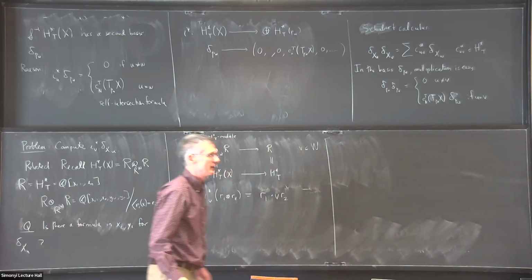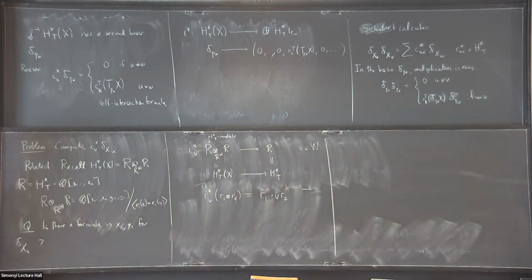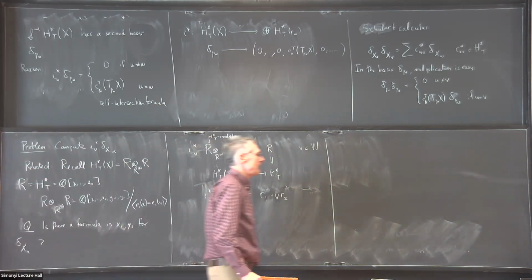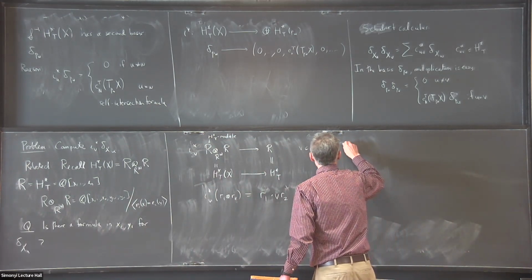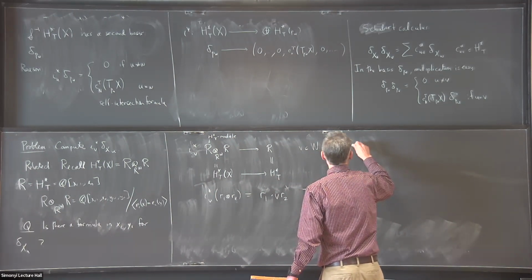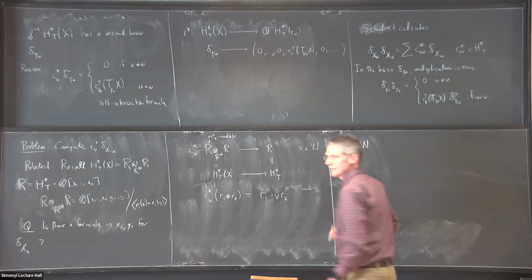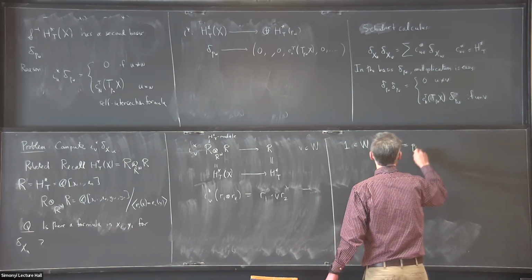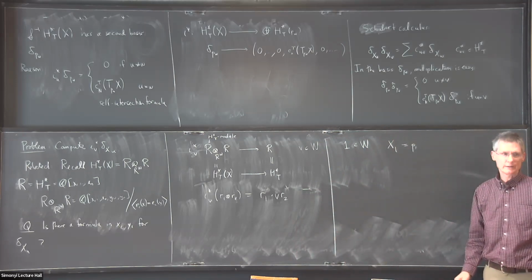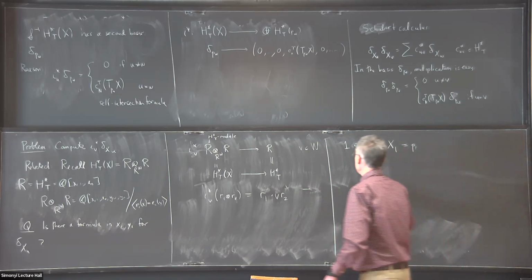Now, Fulton and Pragacz and some other people were very interested in finding these formulas, and they made the following realization: to find a formula, the smallest Schubert class, so let's let 1 be the identity element in the Weyl group. The Schubert variety X_1 is just the point P_1, the unique B-fixed point.